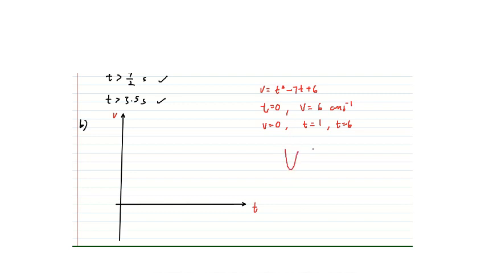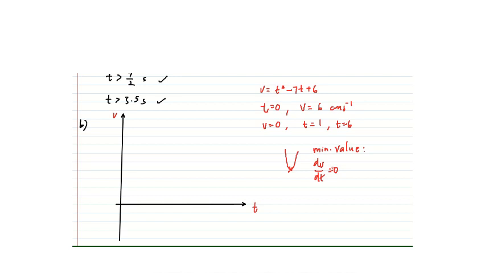We have to get the minimum value. How to get the minimum value? The turning point we learn in quadratic function, it is dv/dt equal to 0. Or in chapter differentiation in Form 4, we learn dy/dx equal to 0, right?